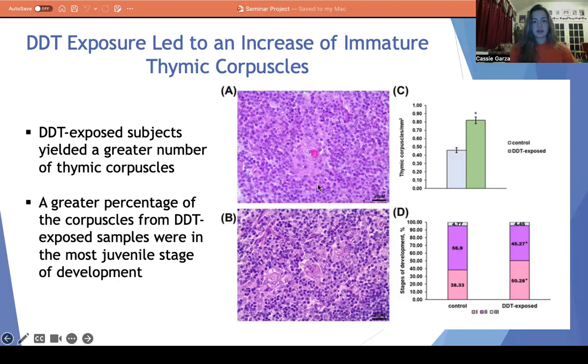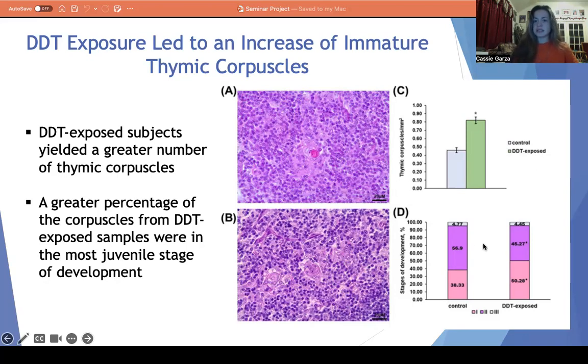So here in figure A and B, there are images of thymic corpuscles from the thymic medulla. You can see that in the control sample, you can really only see one thymic corpuscle present. And then in B, the DDT exposed sample, you can see 1, 2, and a third one here. So there's definitely more thymic corpuscles going on.